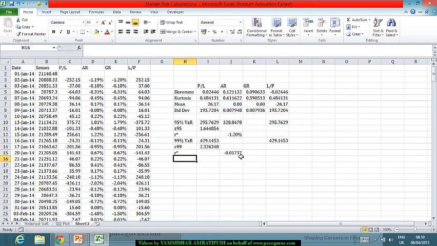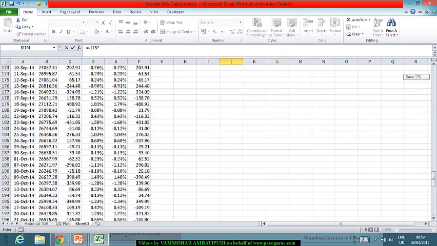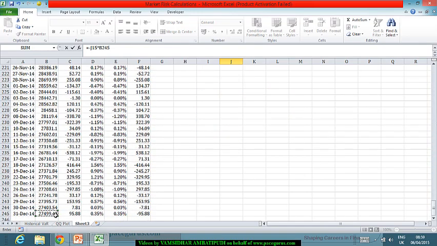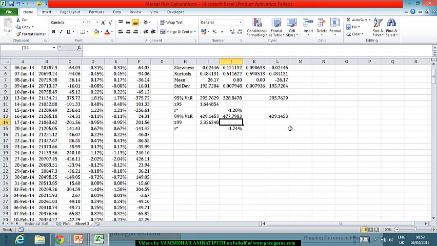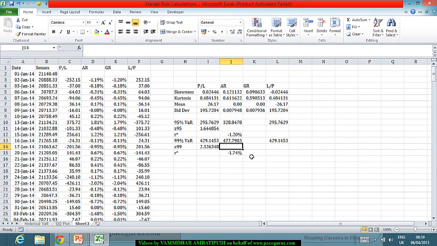So R star comes out to minus 1.74%. Now this is where I find out my 99% VaR as minus 1.74% multiplied by the previous period's value, which works out to 477.